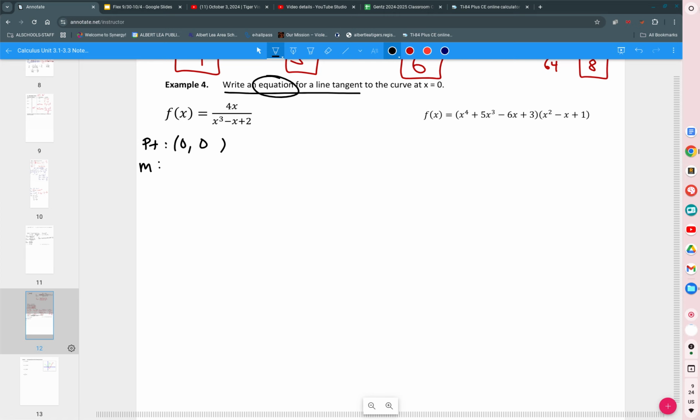We know how to use the power rule, and we know how to use the quotient rule. We know how to use the product rule. What rule do you think we use here? Quotient rule. So let us use the quotient rule.